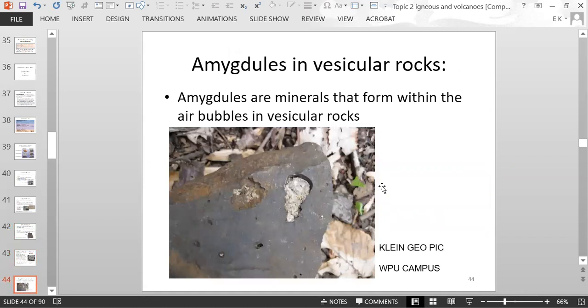And sometimes those gas voids or air bubbles have minerals that will form inside, and those are called amygdals. So here is an amygdal that formed inside this air bubble. This rock is also from William Patterson campus.